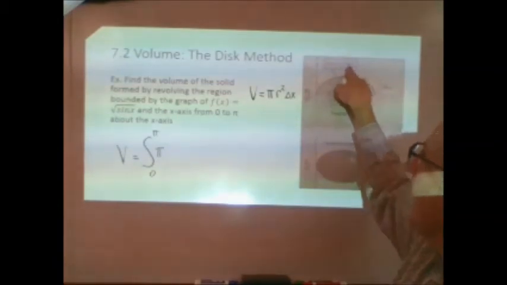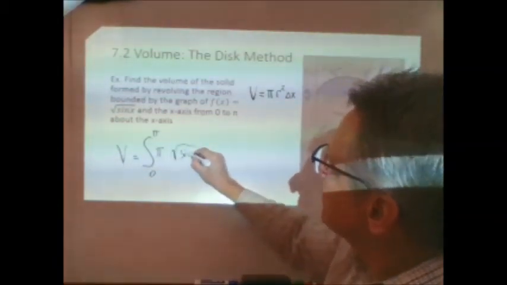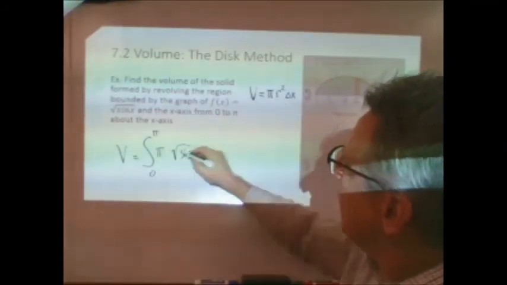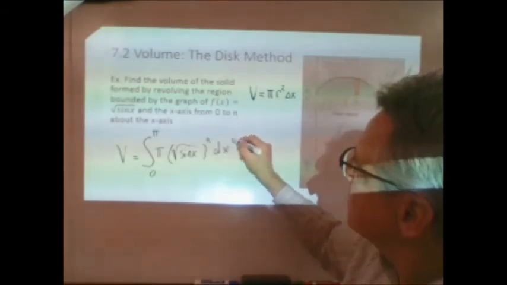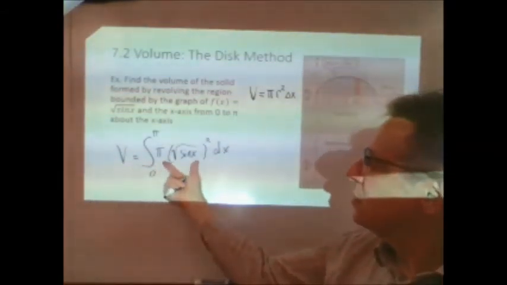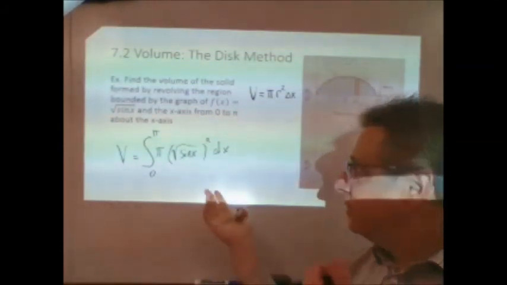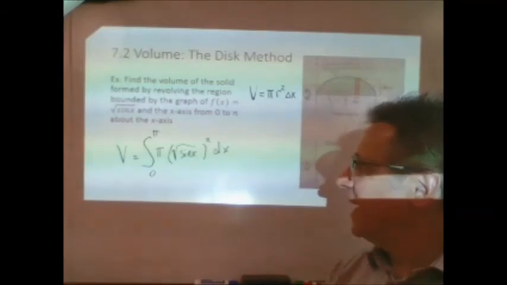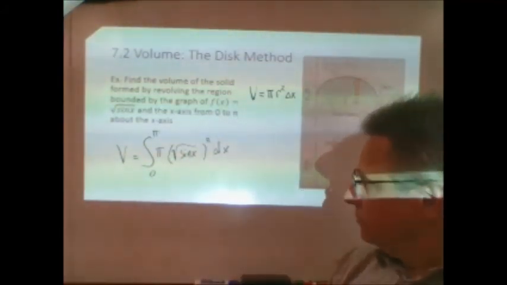Now that will vary according to this function, so we can put this function right in there, sine of x, squared, and then times dx, which is the thickness. So volume is equal to area times width, and that equation makes sense. Volume is area times width.